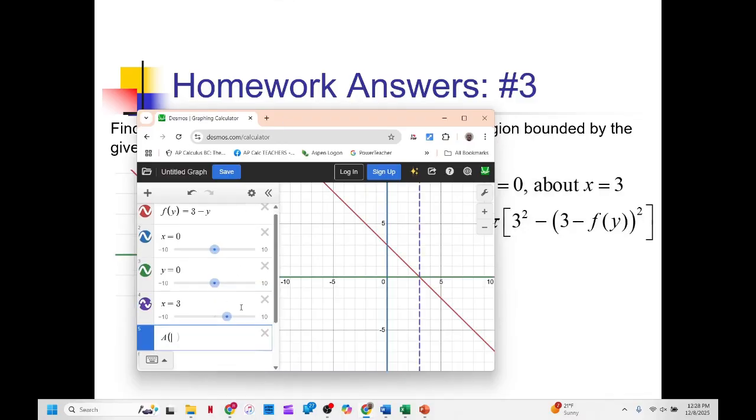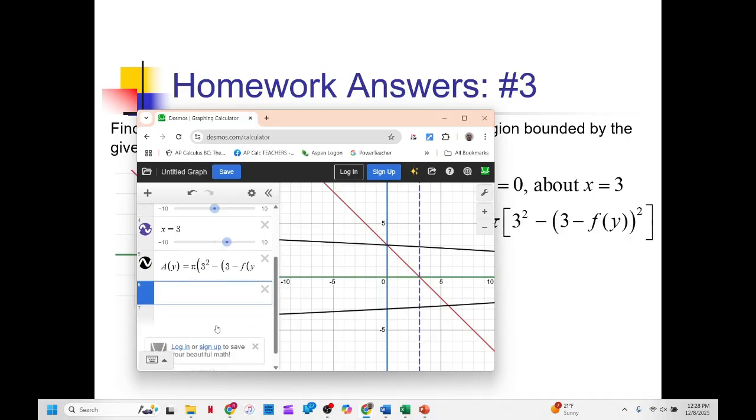So we have A of y equaling pi, parentheses, 3 squared minus, parentheses, 3 minus f of y, close that parentheses, square that, and then close the big parentheses. So we've got A of y, and now let me do integral from 0 to 3 of A of y dy, which comes out to 56.549.